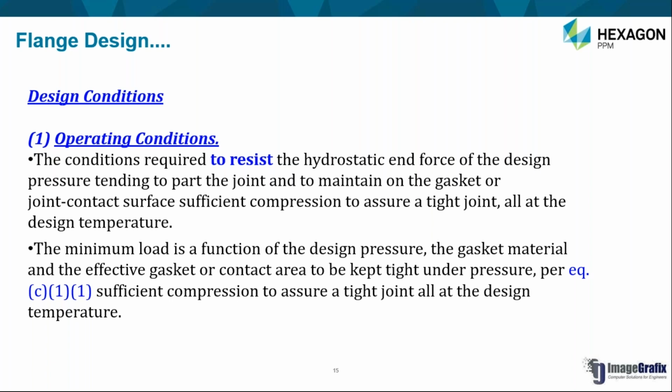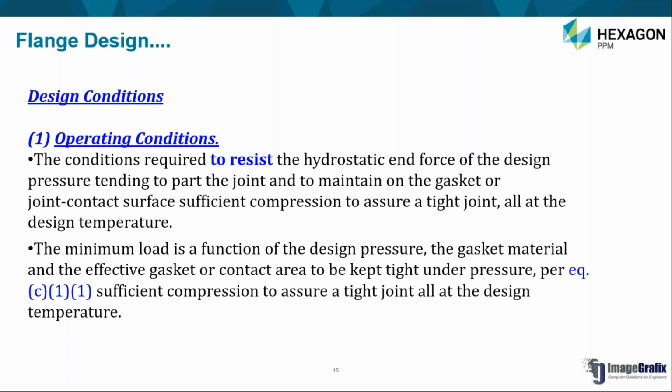For example, let's say the gasket has 10 mm of thickness, and after the gasket seating condition it has been compressed to 6 mm. But as the pressure inside that vessel builds up, the gasket is relieved a bit and it will be relieved to a value of 8 mm. So only 2 mm compression is there.